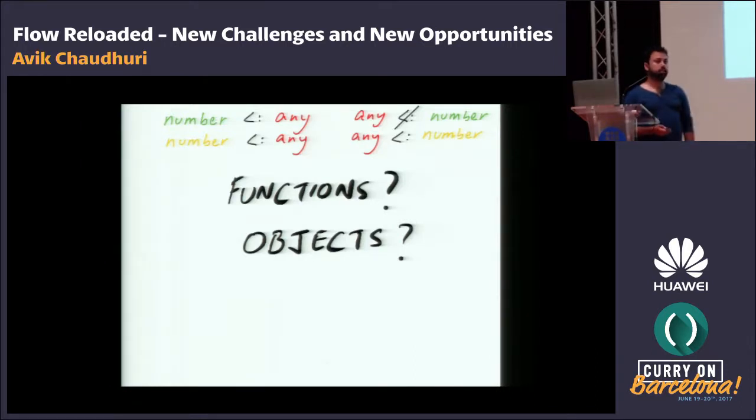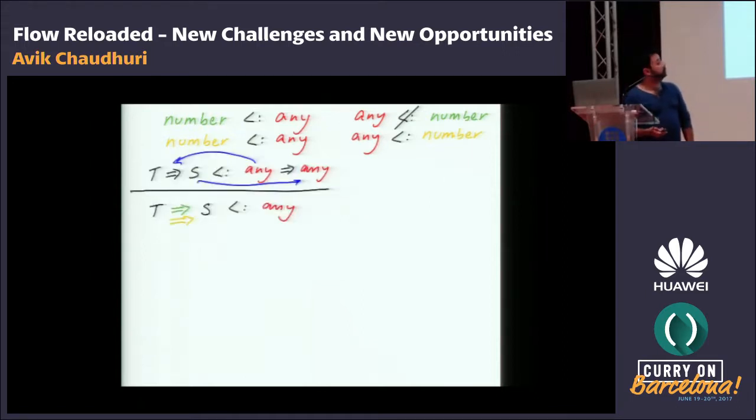For functions and objects, things are slightly more complicated because imagine that you have written a function and it escapes to untyped code. You actually do not know whether the parameter type can be trusted because untyped code can call your function with arbitrary arguments. But the rule that we were thinking of for function types captures this in a very elegant form.